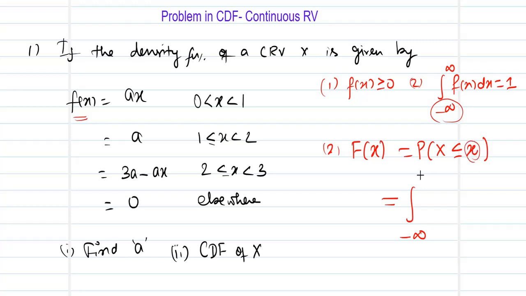You move till the stage x, and the function f of x gets integrated till this point. So your CDF is given by the integral from minus infinity to x of f of x dx. Now we will go into finding the value of a.